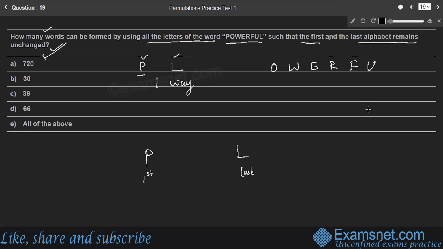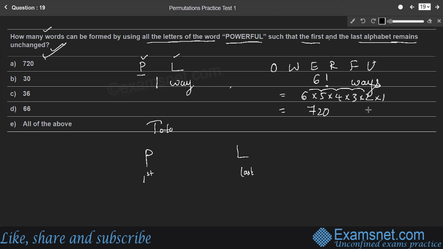Therefore, we can arrange these letters in factorial 6 ways, which is nothing but 6 into 5 into 4 into 3 into 2 into 1 ways. So 30 into 4, 120 into 3, 360 into 2, 720.